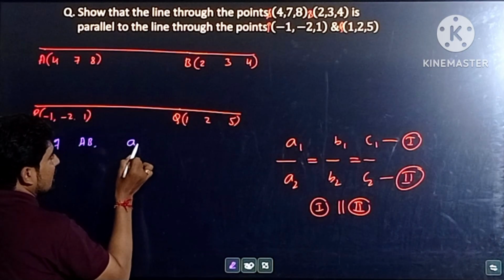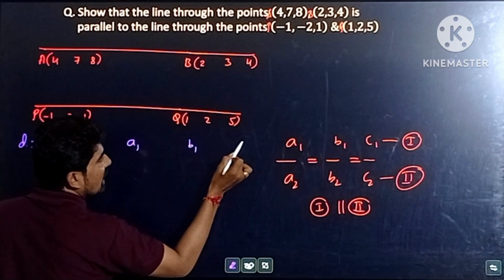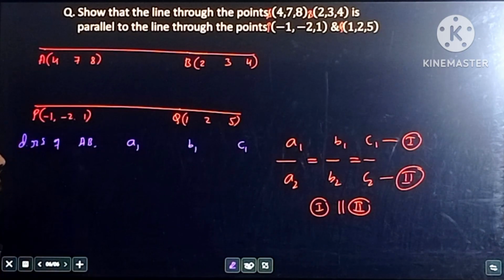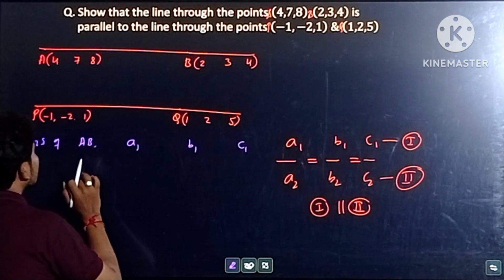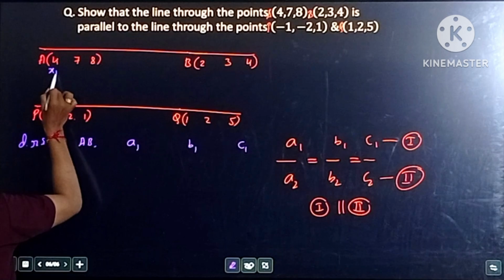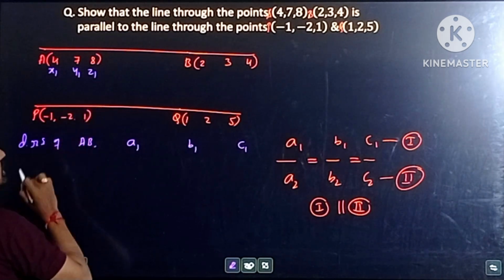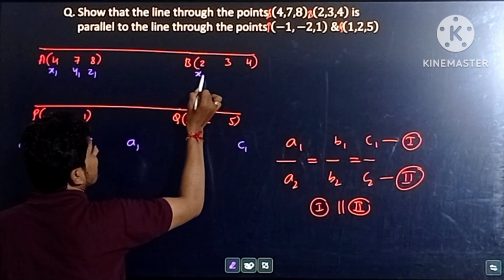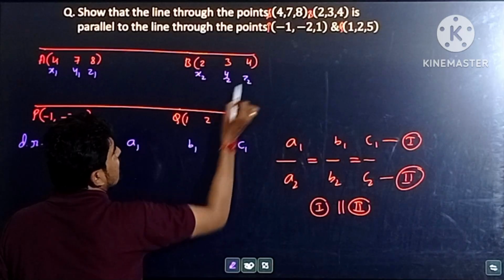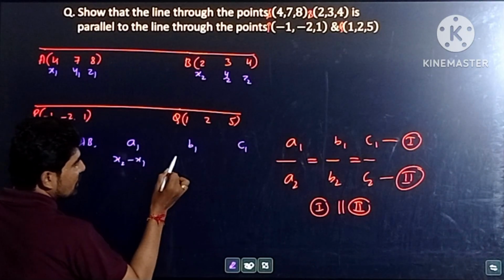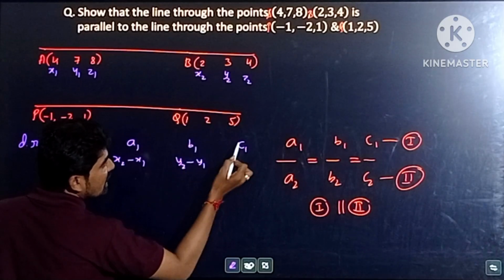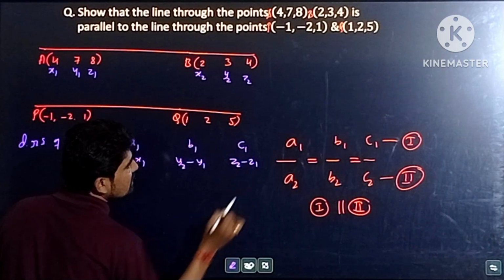Let's say a1, b1 and c1 are the direction ratios of AB. A is the first point, B is the second point. Therefore, the coordinates of A are x1, y1, z1, and the coordinates of B are x2, y2, z2. The value of a1 is x2 minus x1, b1 is y2 minus y1, and c1 is z2 minus z1.